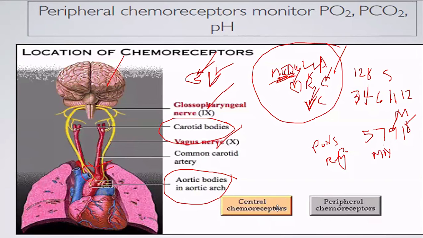So whatever is being sensed from the aortic body and the carotid body, they will also be the motor component to do a thing.